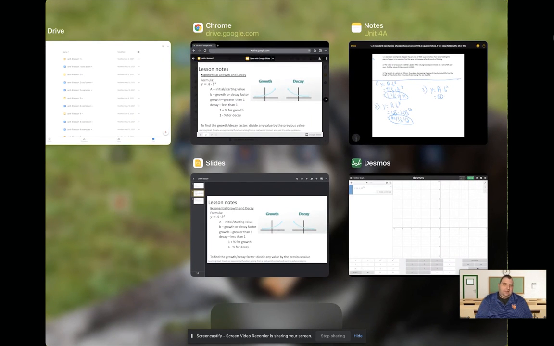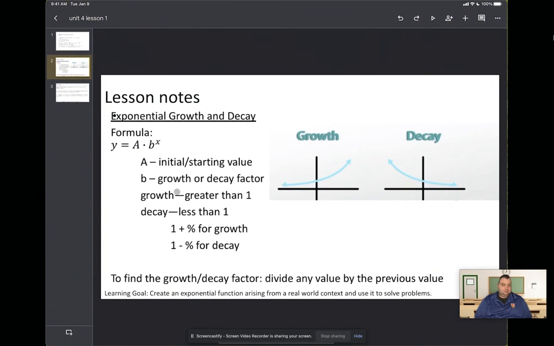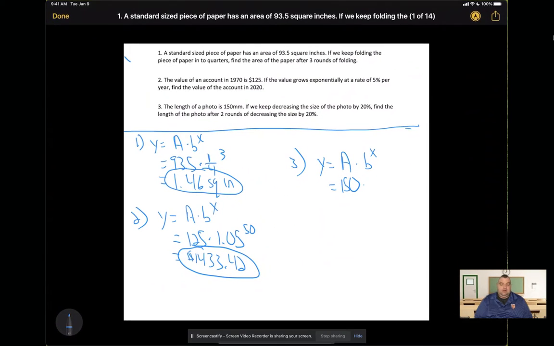If we look at the lesson notes, if I'm going down by a percentage, my decay factor is 1 minus the percentage. So if I'm going down by 20%, I know that 20% as a decimal is 0.2 or 0.20.